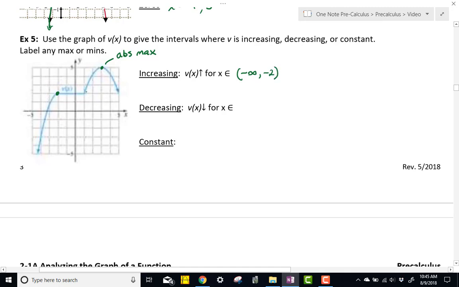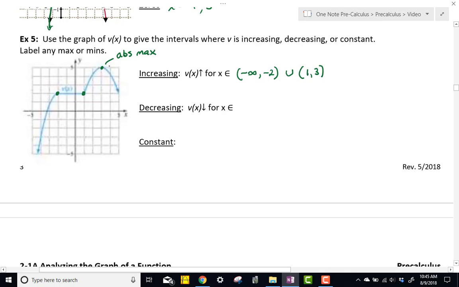Then we actually go constant for a while, and then we increase again from 1 to 3. So we would include the intervals 1 to 3. Notice I'm using parentheses here because at the points where we stop increasing, it's actually not increasing or decreasing at those points. We'll talk more about that later.